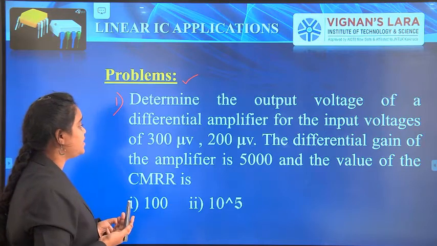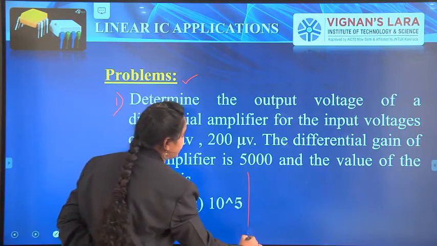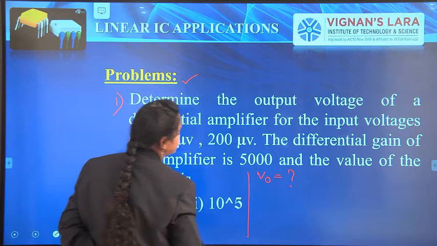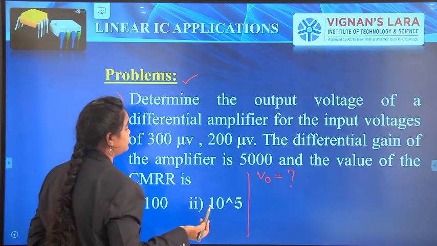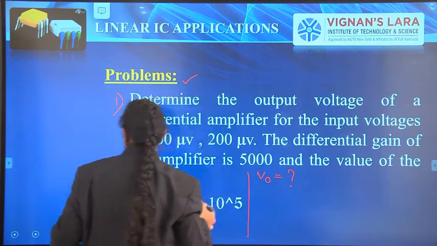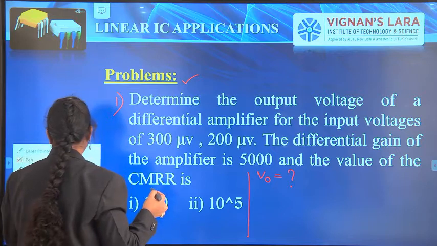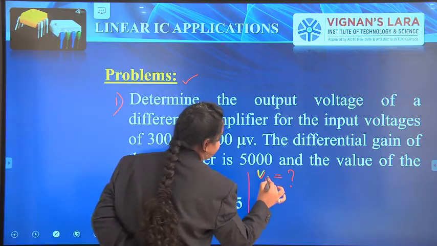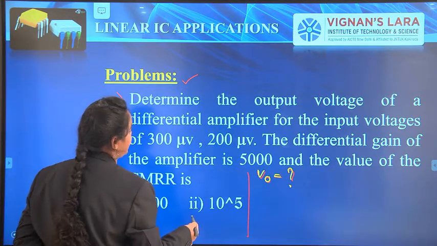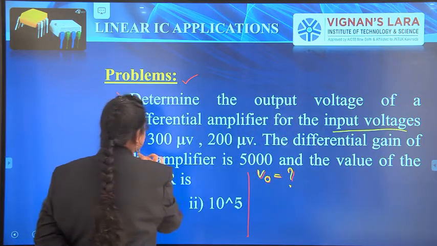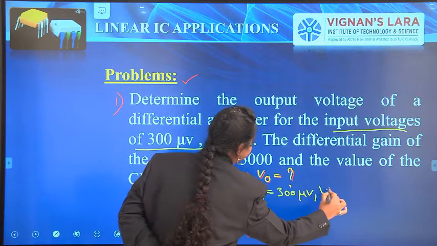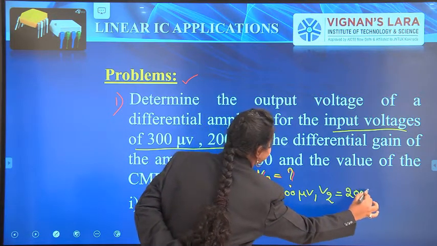What are the values given here? We have to find V naught. This is the solution. We have to determine the output voltage, V naught equals how much? The inputs are V1 equals 300 microvolts and V2 equals 200 microvolts.